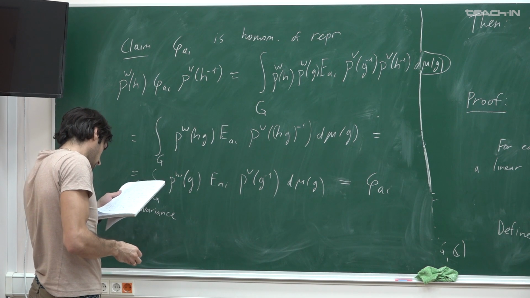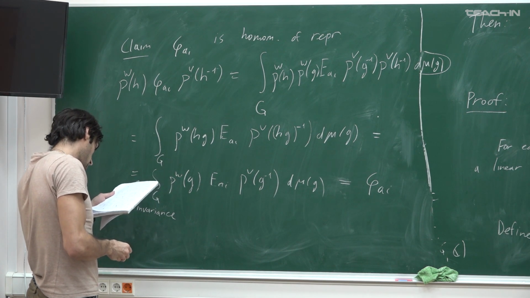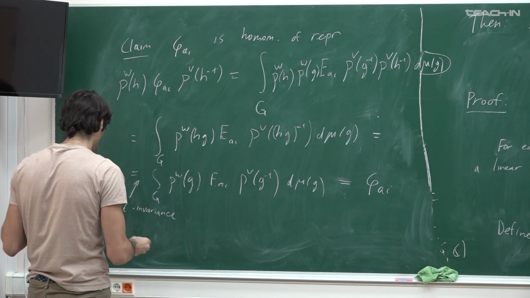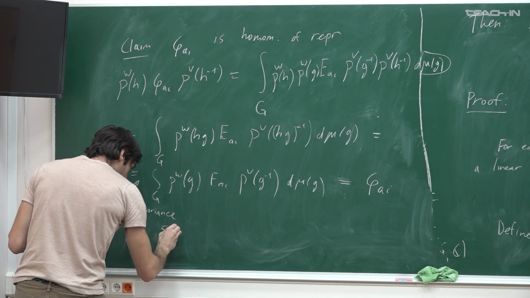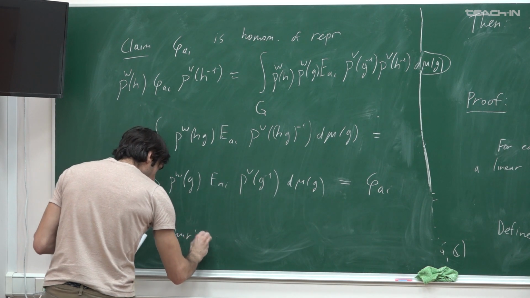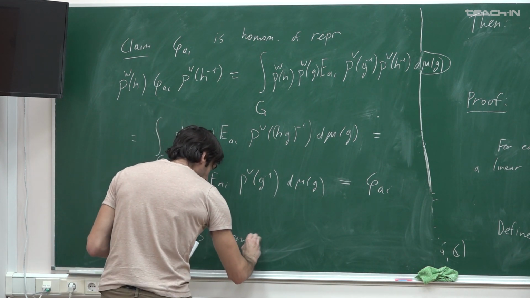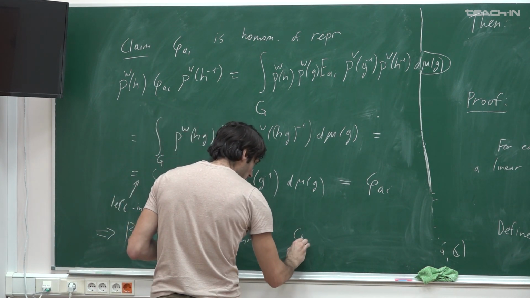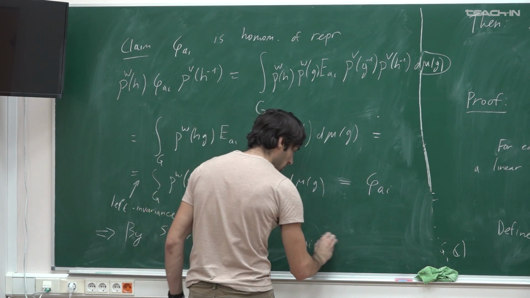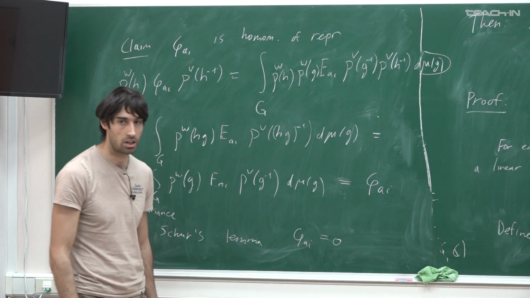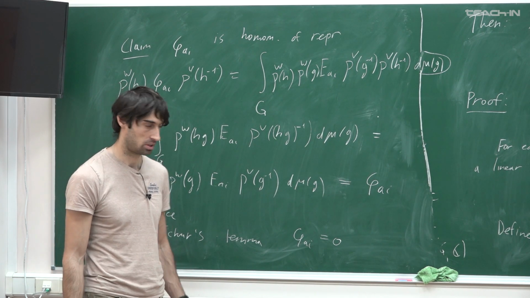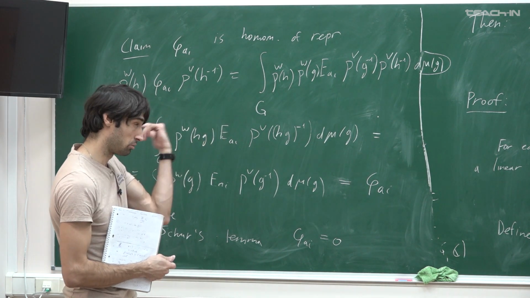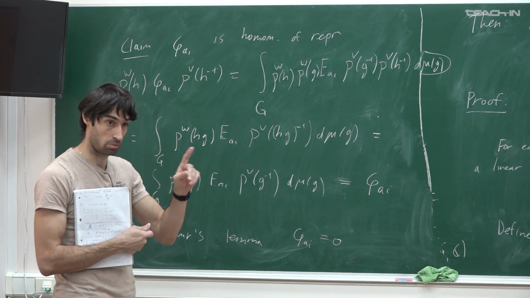Very well. So what's left? By Schur's lemma, phi_{a,i} should be 0. I wanted V and W to be non-isomorphic representations, and this is a homomorphism of two non-isomorphic irreducible representations.